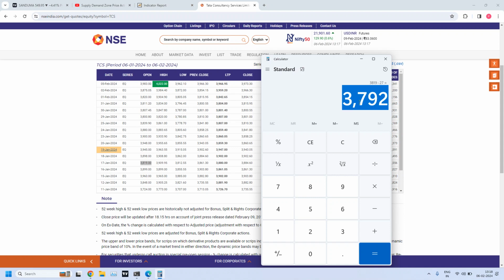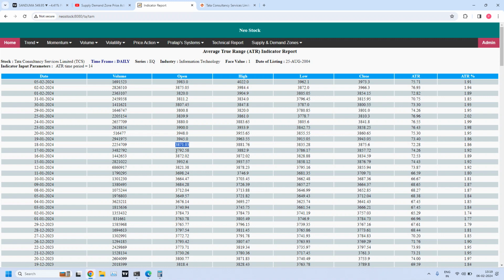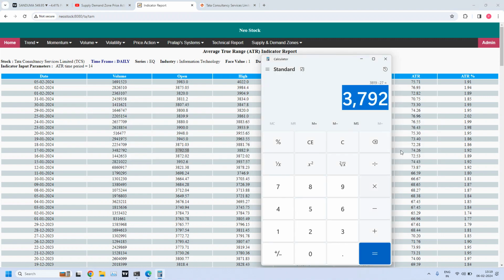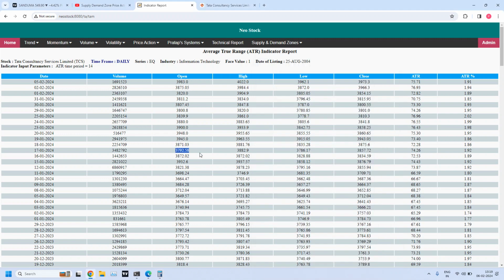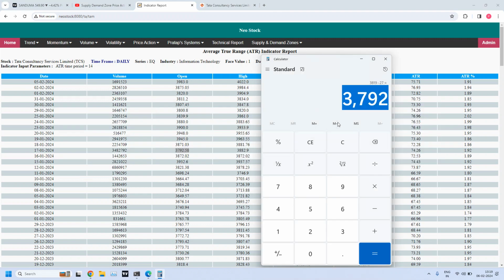So the nearest value, maybe a few rupees difference, should be in my report after deducting the dividend. On 17th, see the value: 3,792.58. Some difference, a 58 paisa difference is there. If you use the exact formula, you will get even the fraction value.